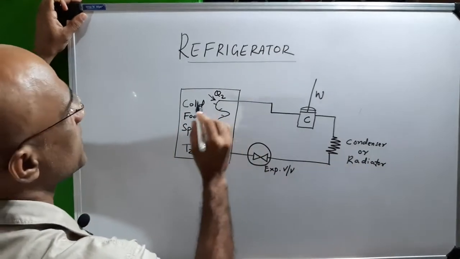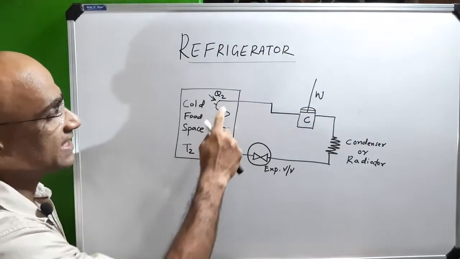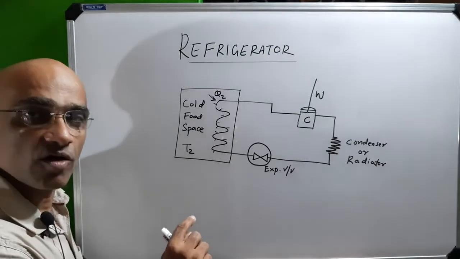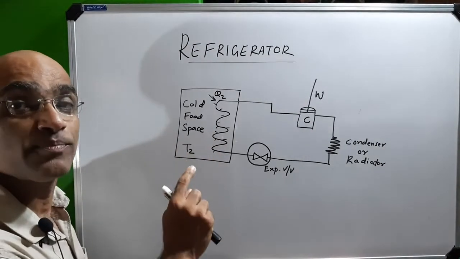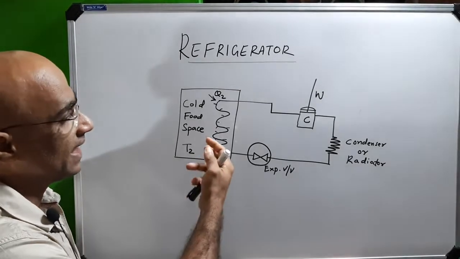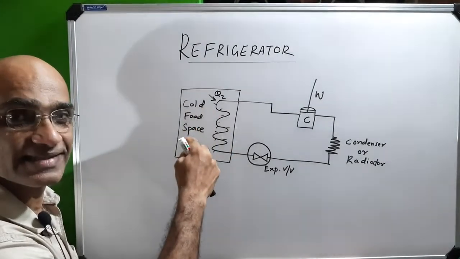Now what happens is that the refrigerant that is present inside the coil of this evaporator with fins is a low boiling point liquid. It absorbs the warmth of this food space.